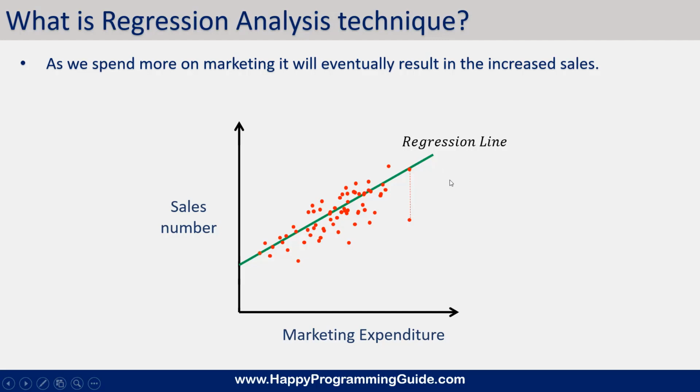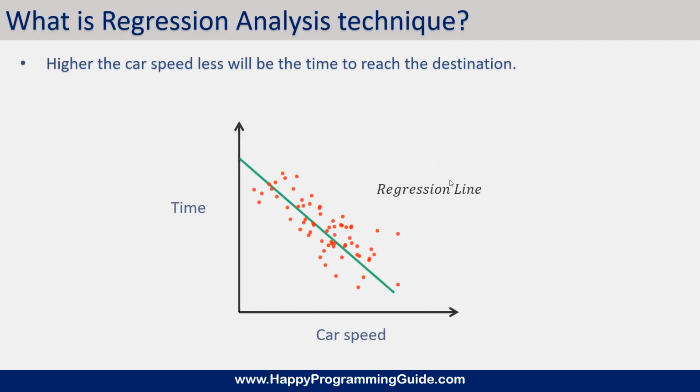The best example of a negative relationship is car speed versus the time it takes to reach the destination. As the car speed increases, it takes less time to reach the destination. So time is the variable that depends on car speed. Car speed is an independent variable, whereas time is a dependent variable.